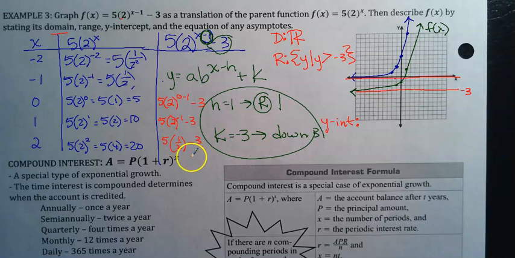So this is 5 times 1 half is 5 halves minus 3. 3 is 6 halves, so this is 5 halves minus 6 halves. So that gives us negative 1 half. So our y-intercept is at 0, negative 1 half.